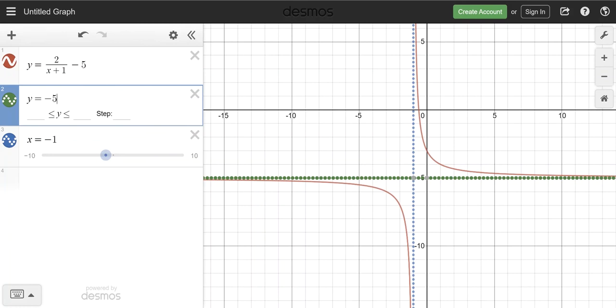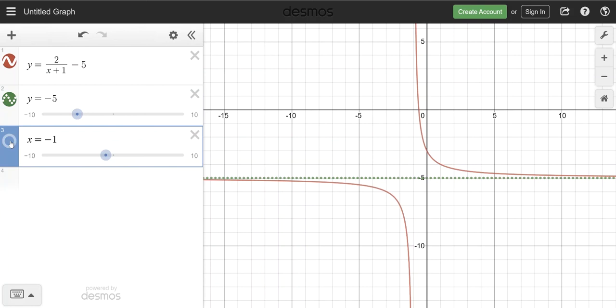Then secondly, the y-asymptote, again, is that value to which the graph of the function approaches in a horizontal position. So that's the one we're on right here. This right here is our horizontal asymptote. Again, it never touches. And this is our vertical asymptote. Again, it never touches, though it gets closer and closer.